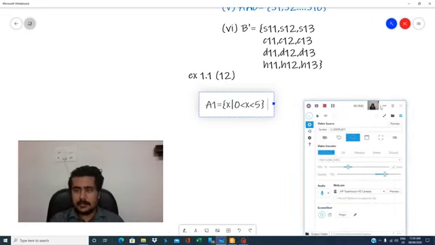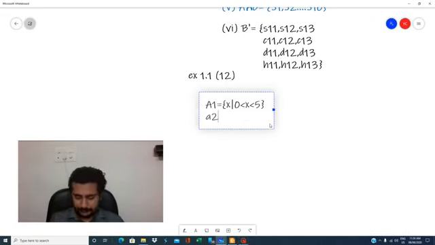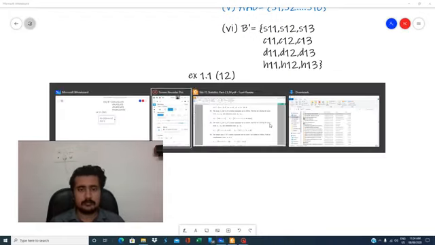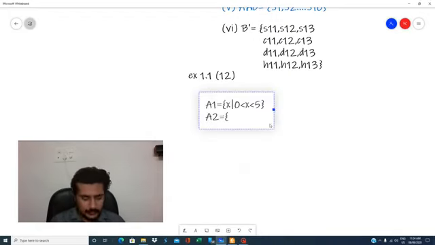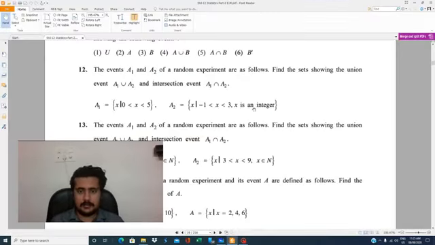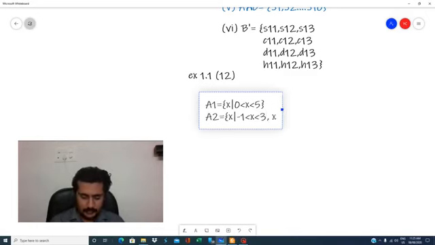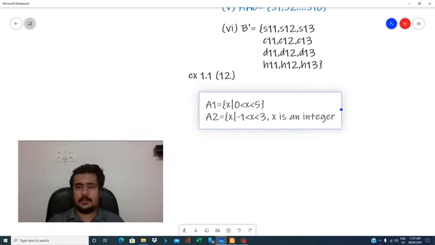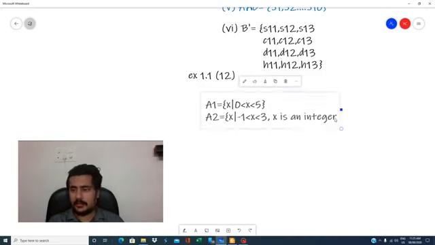Then A2 has x belongs to, minus 1 less than x less than 3, and x is an integer. You need to find both union and intersection.